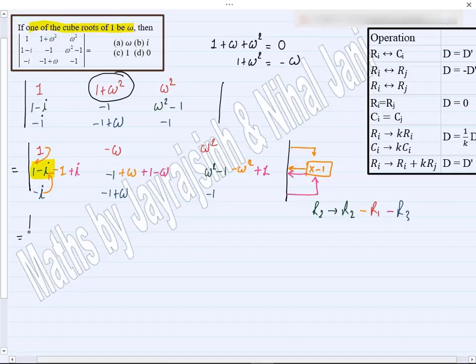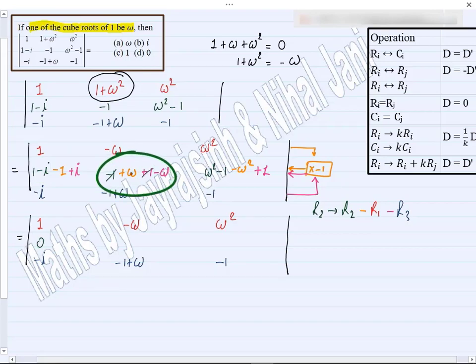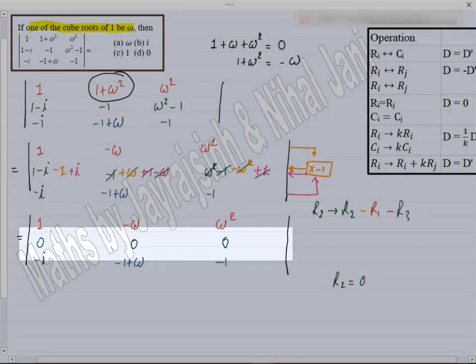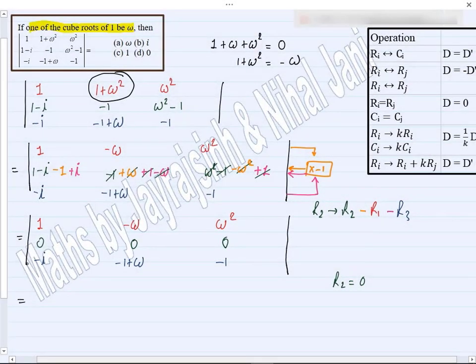So our first and third row will be as it is, and in our second row, 1 cancels, minus 1 plus 1 cancels, get 0. Same way, omega minus omega, get another 0, omega square minus omega square, and another 0. So our entire second row is 0. So the value of the determinant is also 0. Tada! Option D is the final answer.